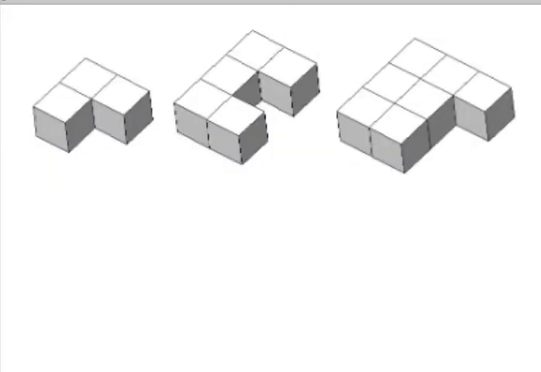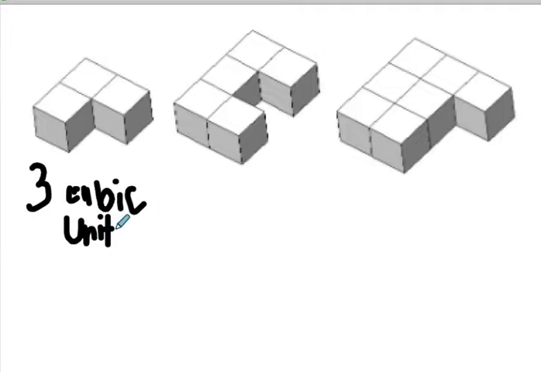Now let's move on to how we find the volume of some shapes that have been built with cubic units. Each little block, if you will, is called a cubic unit. Now, if we count this three-dimensional shape here, we see there's 1, 2, 3 cubic units in it. So we would write that as 3 cubic units. We're calling it cubic units because we don't know the measurement of each of the sides of the cubes.